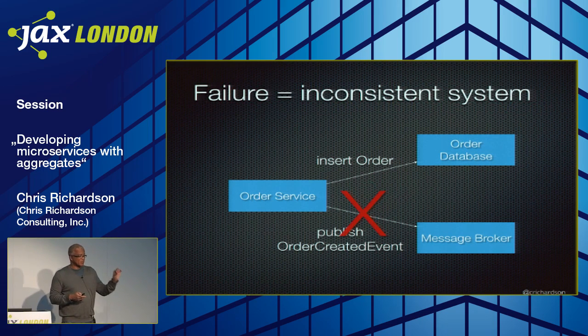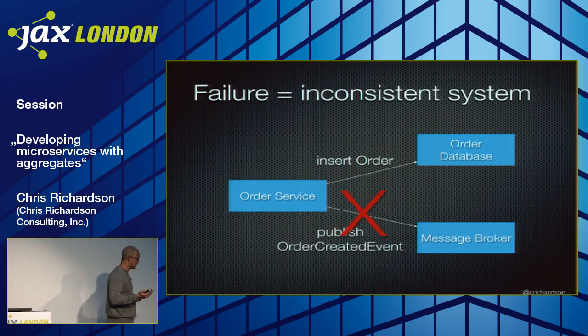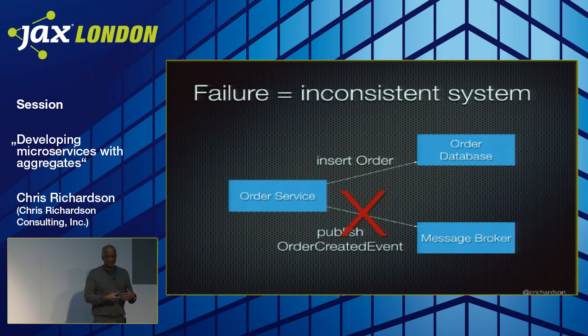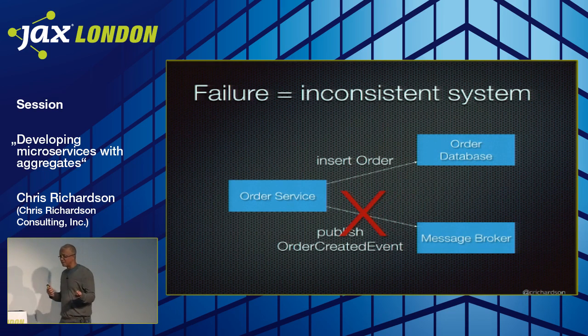Because if you only did one of those things, so for example, you inserted an order, and then before actually publishing the event, you crashed, that would leave the system in an inconsistent state. There's this order sitting there that will never have its credit check, or never have the credit reserved.